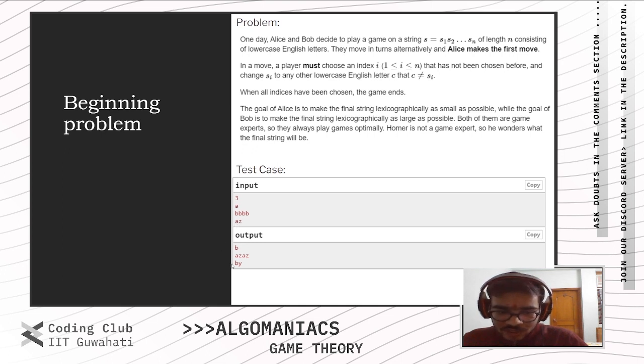So it has been changed to the next smallest character, that is B. Similarly, in the second case, when Bob chose Z, it already favors him, but he has to change it, so he changes it to Y. Else, Alice would have chosen this character in the next turn and changed it to A, which Bob doesn't want. So this is the basic beginning problem of game theory, just to get a feel of the topic.